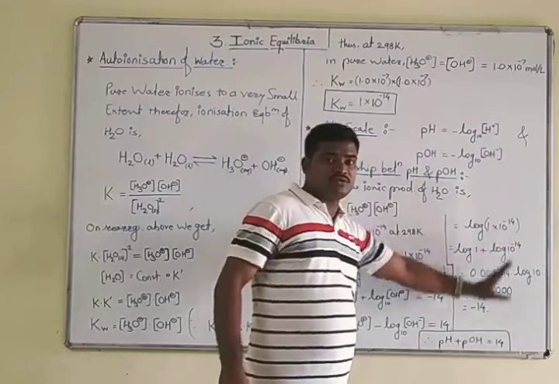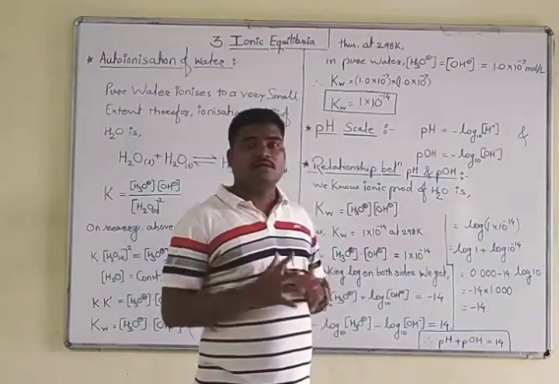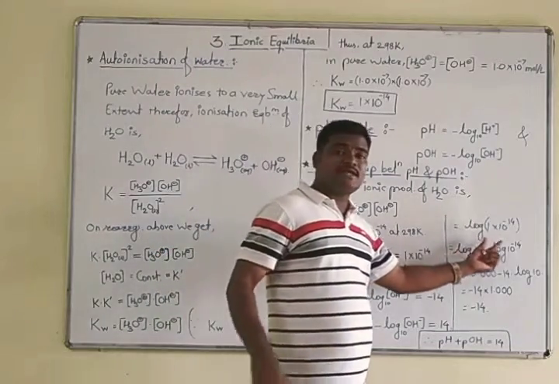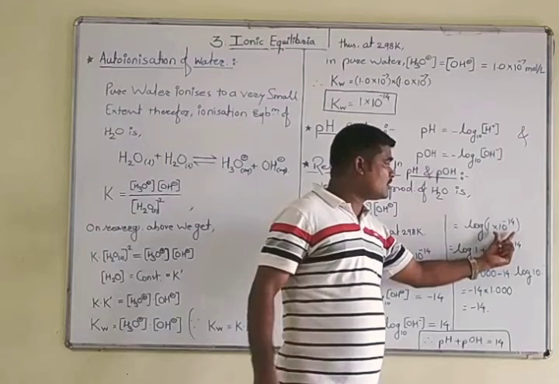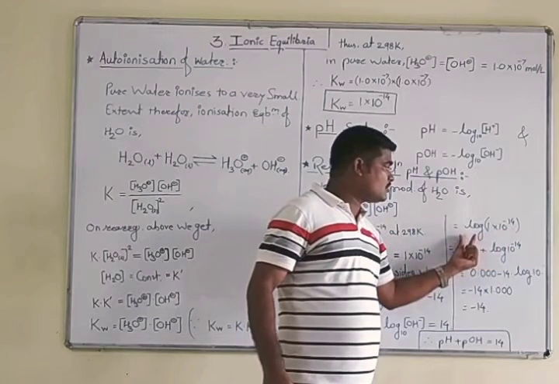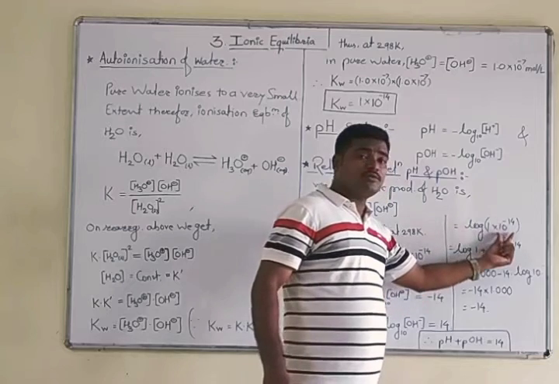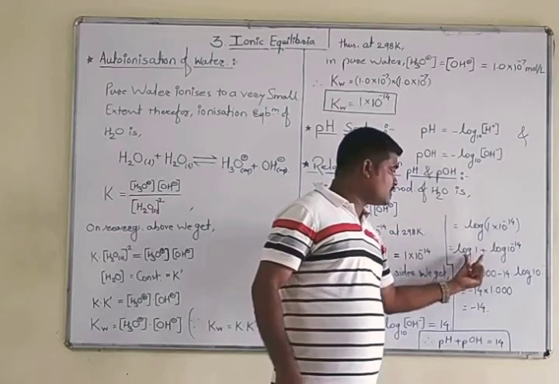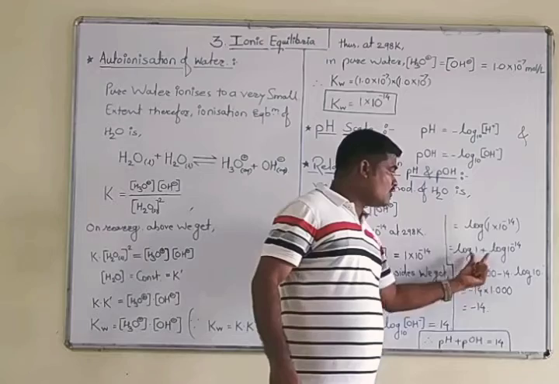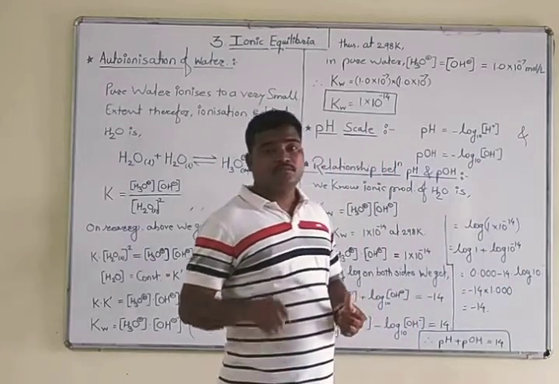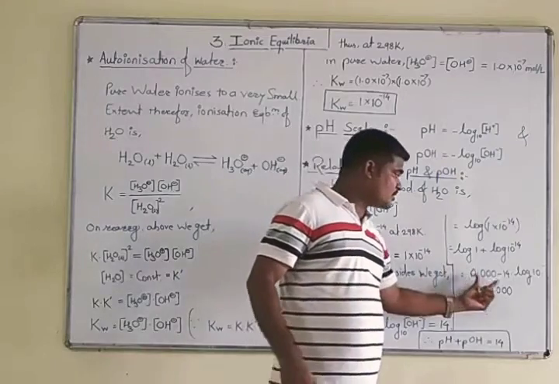You just go through this side and you will understand in detail what I did. I have taken log on the right hand side also. So here we multiply throughout the bracket. Then what will we get? We will get log of 1 plus log to the base 10 of 10 raised to minus 14.